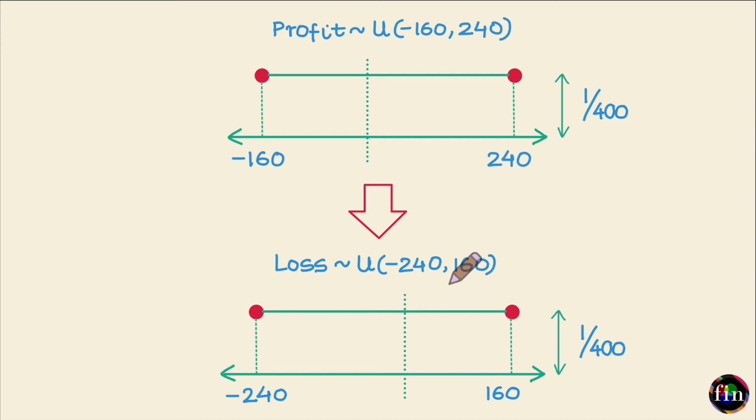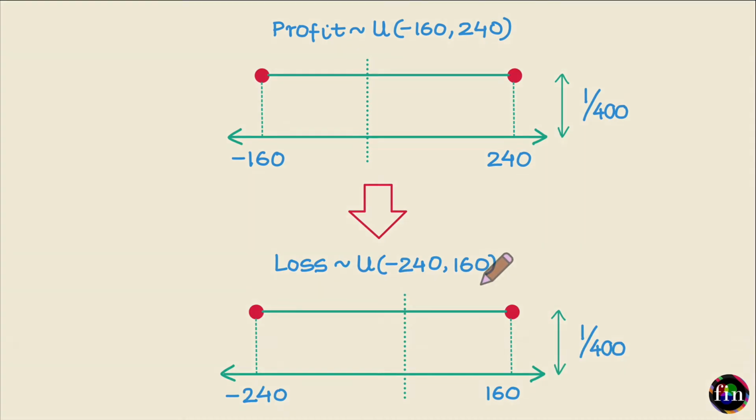The right endpoint for loss distribution would simply be equal to the negated value of the left endpoint for profit. So that works out to plus 160. So my loss follows a uniform distribution, and the PDF for my loss is the same as what we had here. It's 1 over 400 if loss takes a value between minus 240 and 160, and the PDF is equal to 0 if loss takes a value outside these two endpoints.